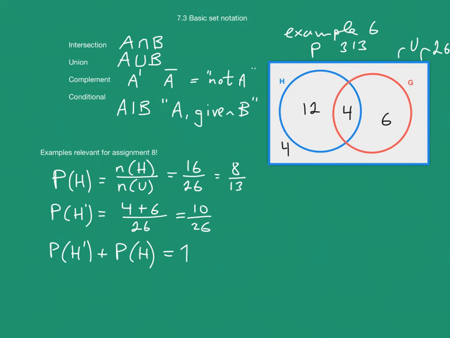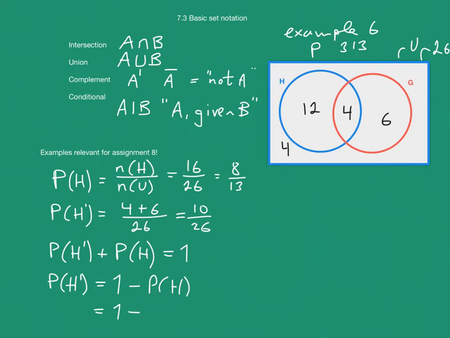So we could say that the probability of the complement to H equals 1 minus the probability of the event itself. And we already found that.